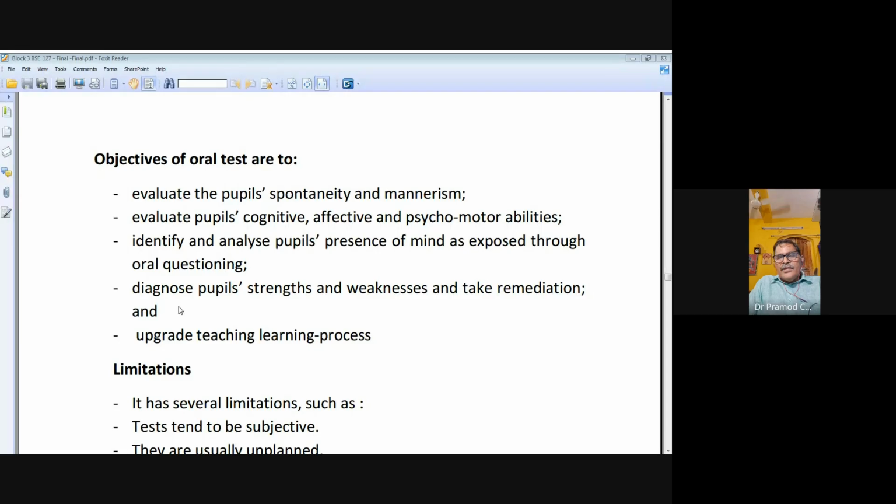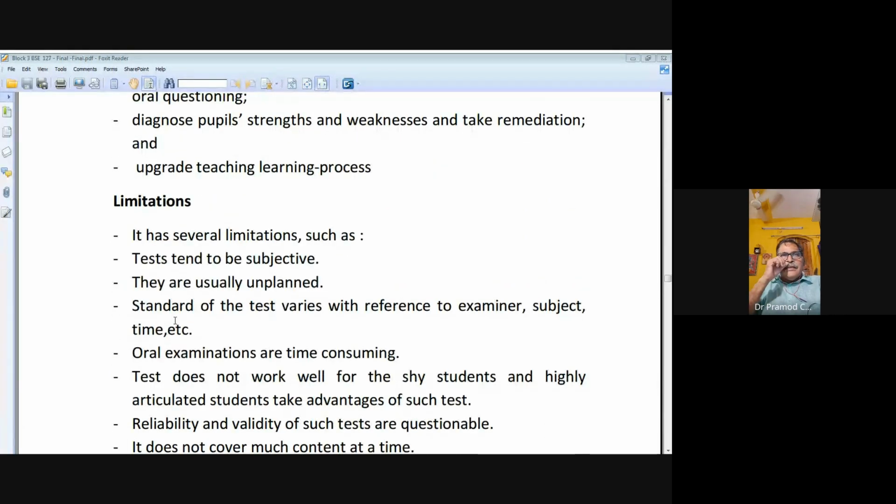But how the learner utilizes his cognitive, affective, and psychomotor abilities when participating in the oral test, there the teacher will know the strength and weakness of the child. After that remediation is there. The teacher will suggest what you should not do and what you will have to do. Another thing is the limitation, because it tends to be very subjective.